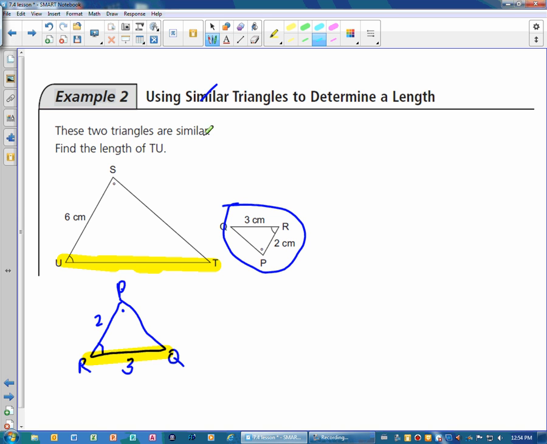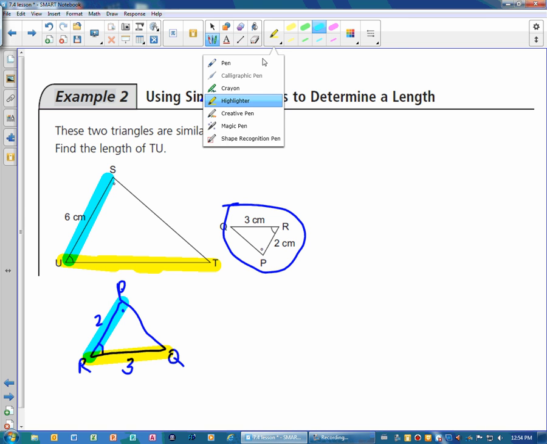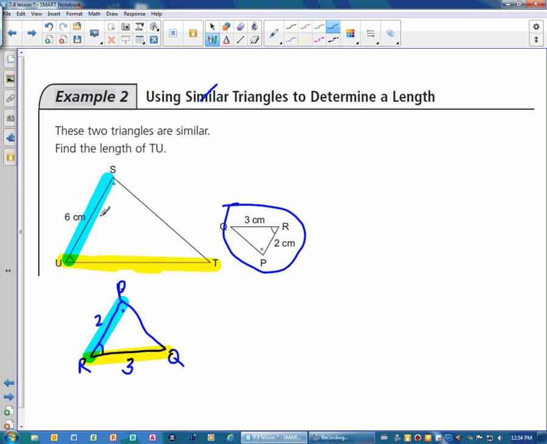And look at how this one matches to that. So set up your ratio. I'm a fan of the ratios. SU over PR is the same as UT over RQ.